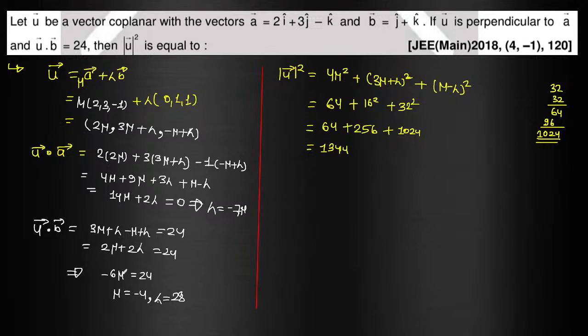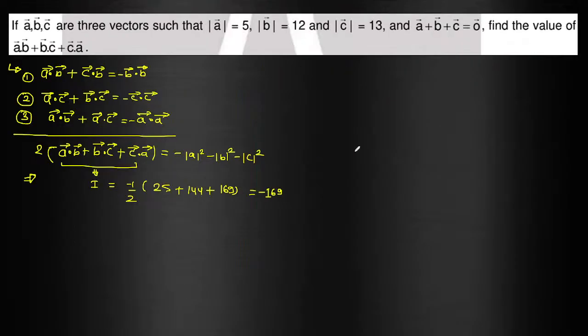We will get mu equal to minus 4, lambda equal to 28. Mod U square is 4 mu square, (3 mu plus lambda) whole square, (minus mu plus lambda) whole square. So mu value is 4, we substituted, so we got 1344 as the answer.